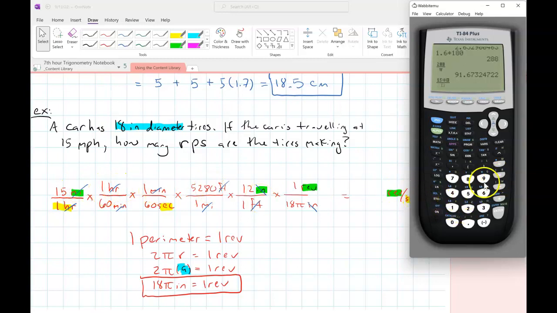So I'm just going to write 15 times 5,280 times 12. And then on the bottom, I'm going to have 60 times 60 times 18 pi. And when I do that, I get about 4.67 revolutions per second.